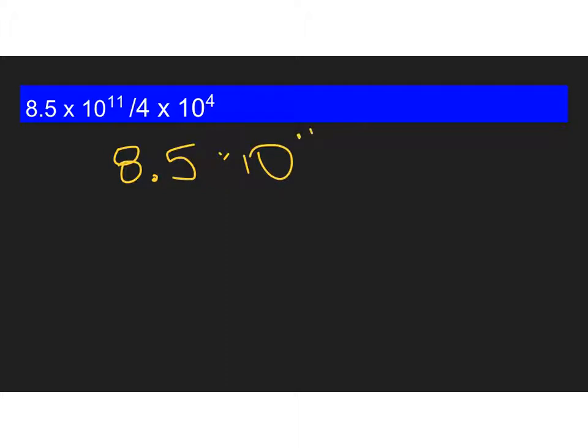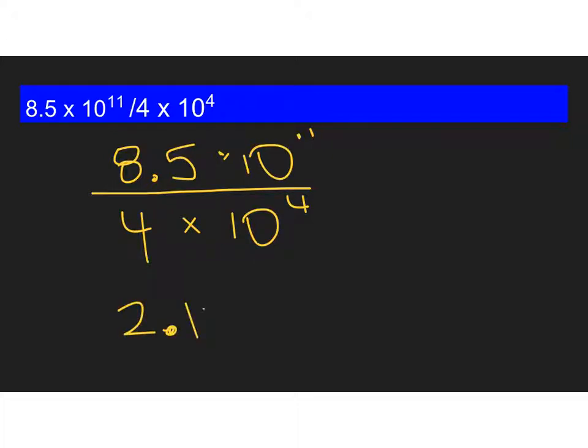All right, so now that you've tried this on your own, we're going to just write this out as division. I think it's a little bit easier to see when it's written as a fraction. All right, so to start off, we're going to divide 8.5 by 4, which should have given you 2.125.